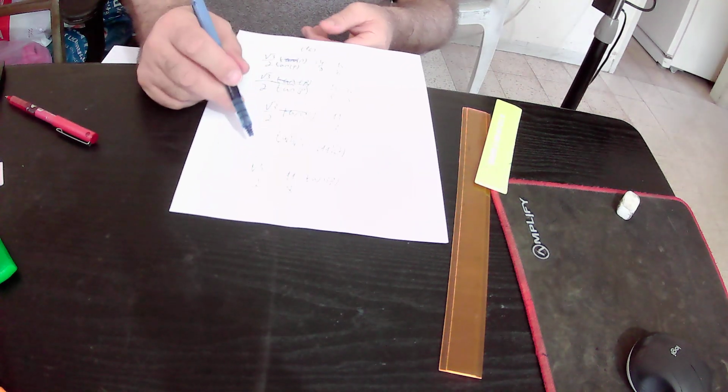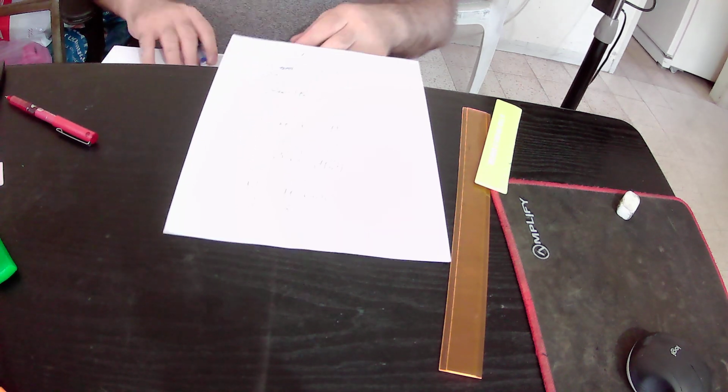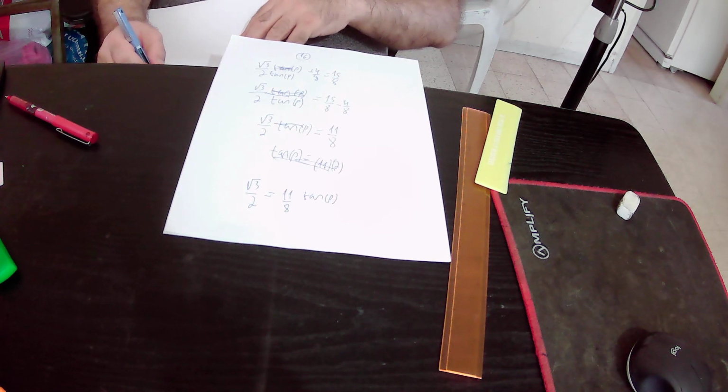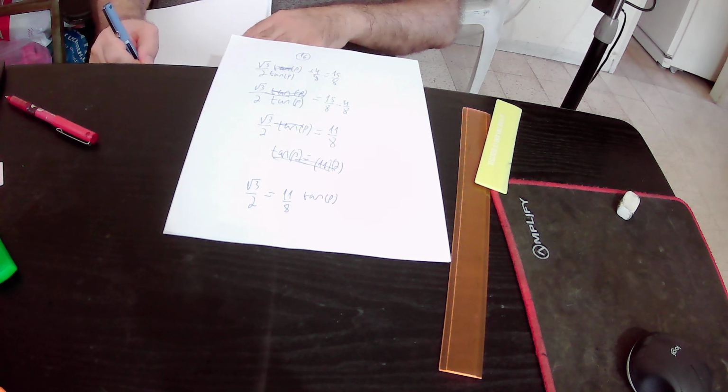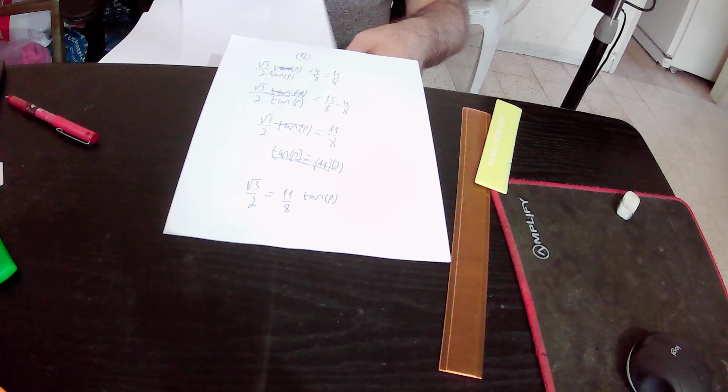So here we will multiply this equality by 8 and then divide it by 11, and we will get that tangent p equals root 3 over 2 times 8 over 11.